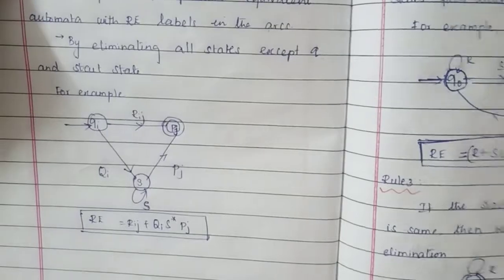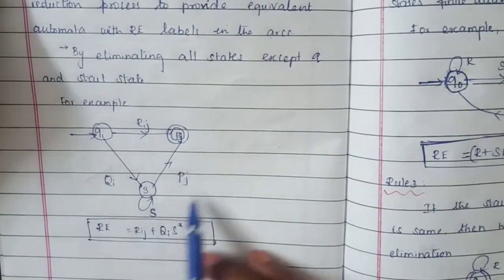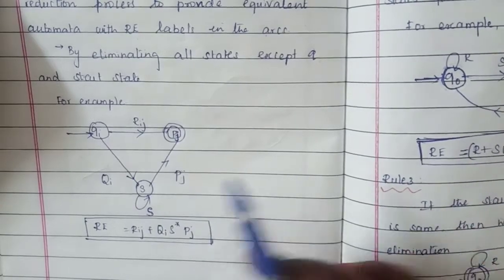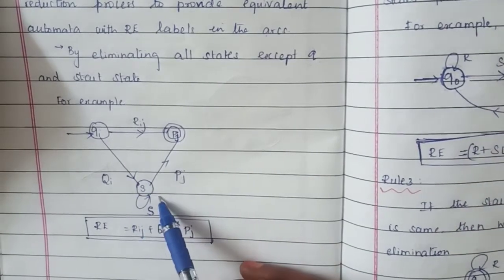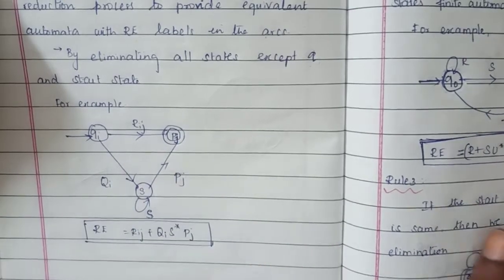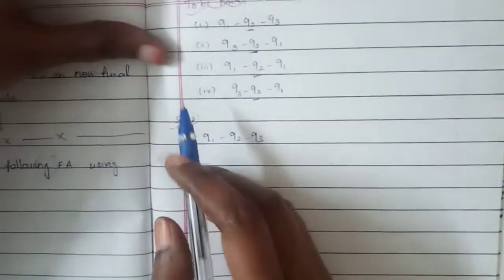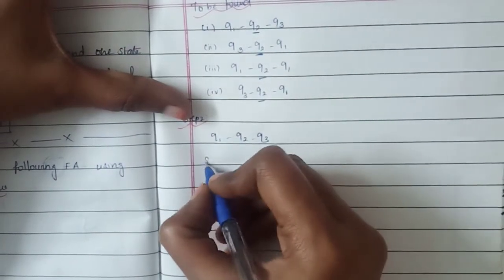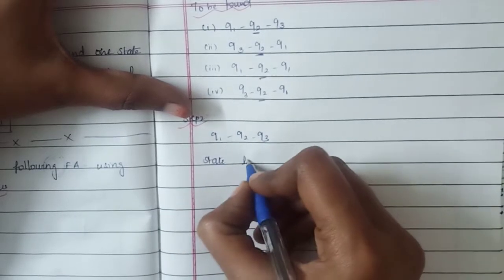Only 3 states are available. We need to eliminate the intermediate state, called S, and keep both the accepting state and the initial state. For this, we'll have the formula here.